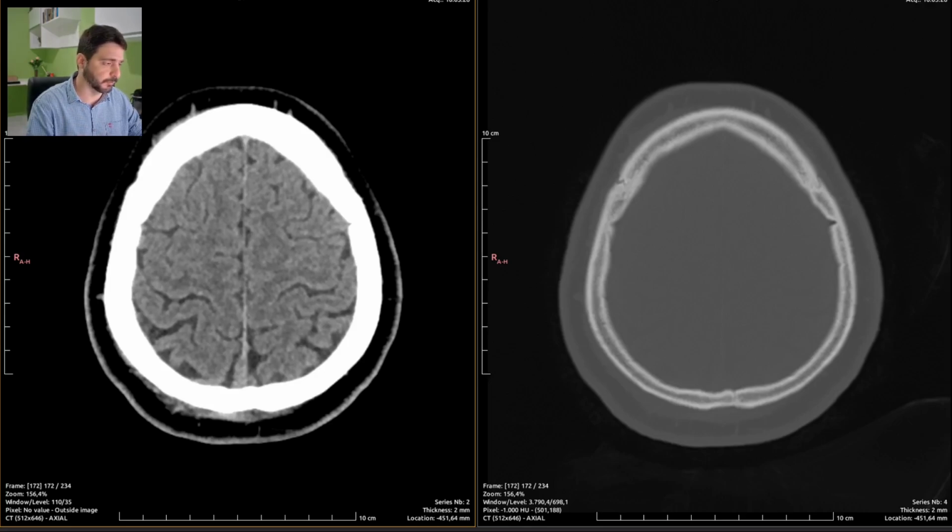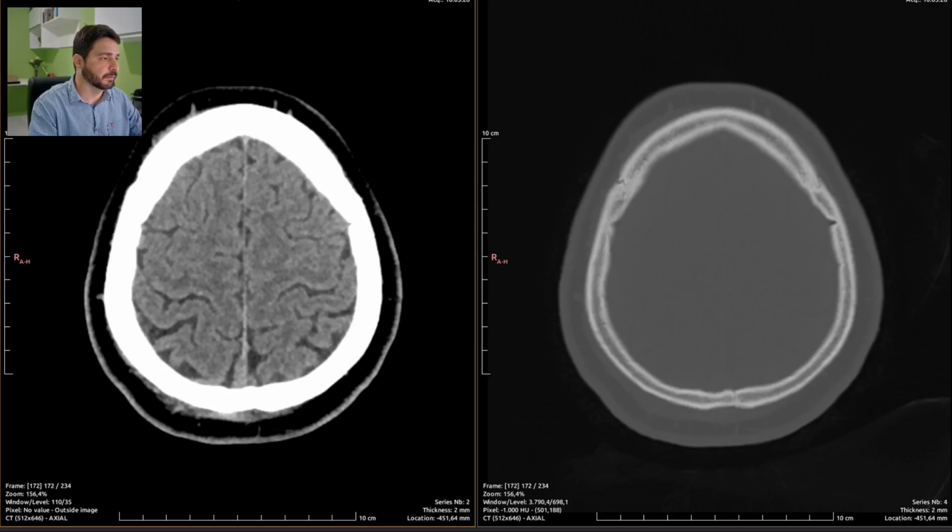I'm going to put a footnote on this report mentioning that radiological sign. So, and we are done.